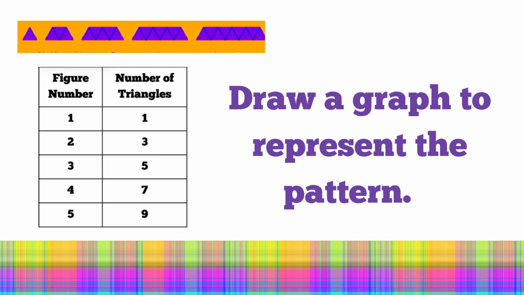Now, draw a graph to represent the pattern. Remember to give your graph a title, label the horizontal and vertical axis, mark the origin, label the points from 1 to 10 on both axes, plot the points from your table, and include in brackets the ordered pair of numbers. Pause the video and create your graph.